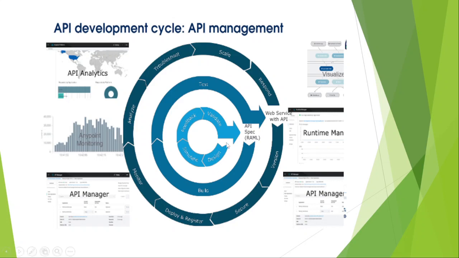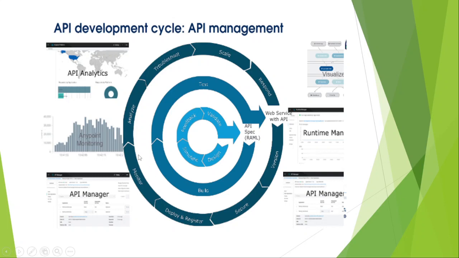Okay, so once our web service API is ready, we are going to provide the version, any version name you can give. After that, using API Manager, we are going to create an API proxy so that we can secure our API. Using Mule runtime, we are going to deploy the API.